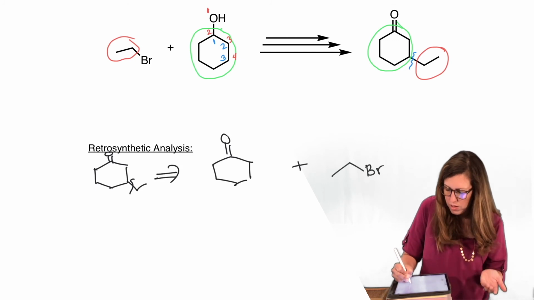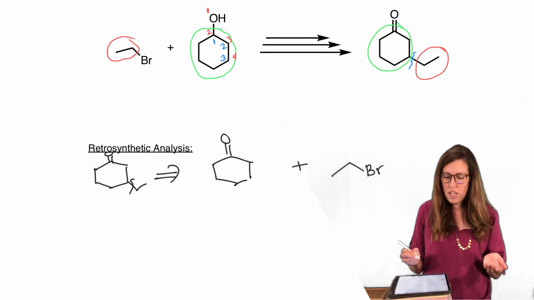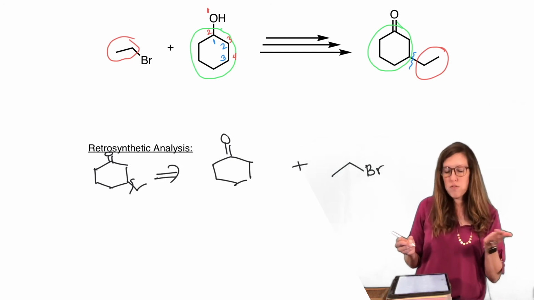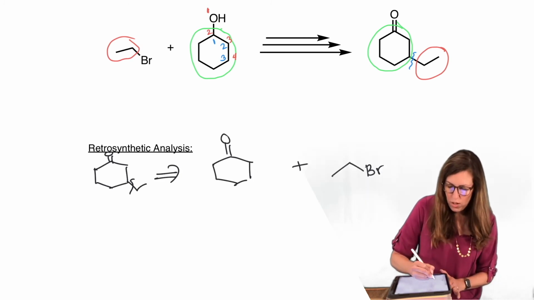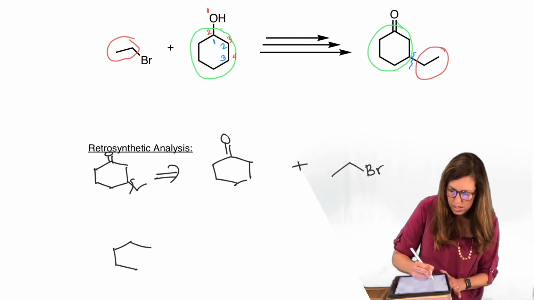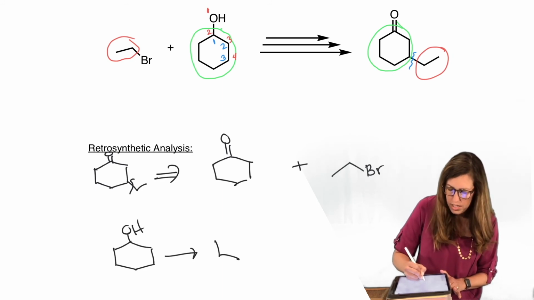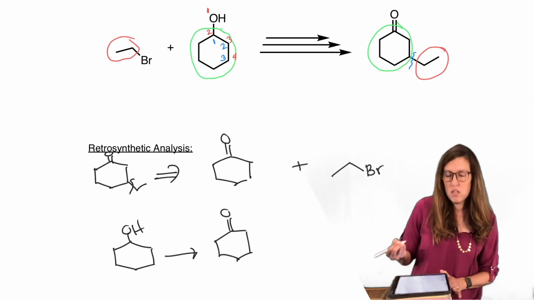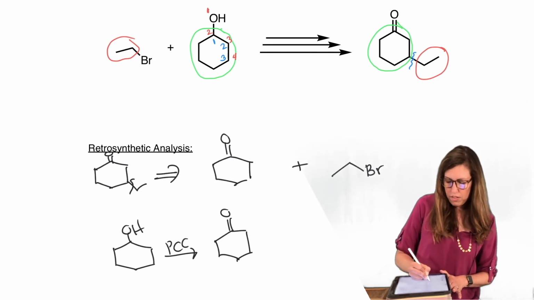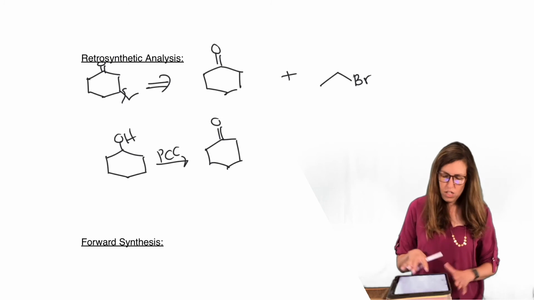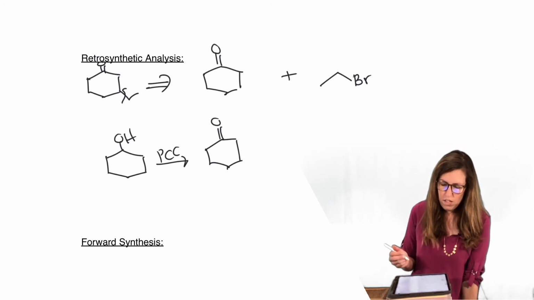I mean, that's what I started with, but I'm not sure yet, right? So if I'm kind of stuck there, I start to go forward as well. So I know that I have this, and I need to get here. That's something we all know from an old reaction, PCC. That'll do that, or Jones. Okay.